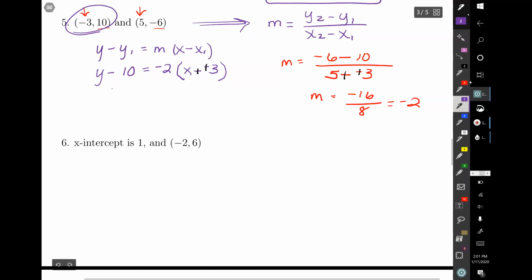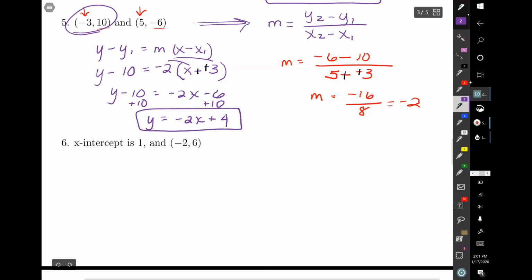Then I'm going to clean it up, distribute this negative 2, so I have y minus 10 equals negative 2x minus 6, add 10 to both sides, and then I end up with y equals negative 2x plus 4. And that would be the equation of that line.